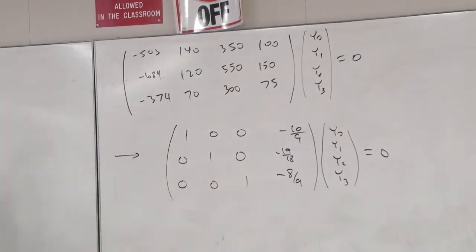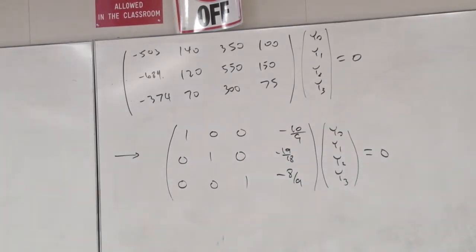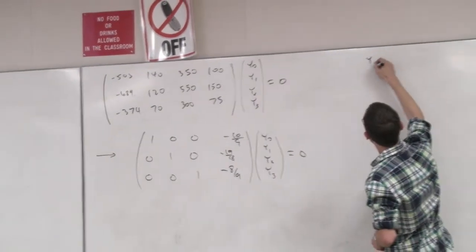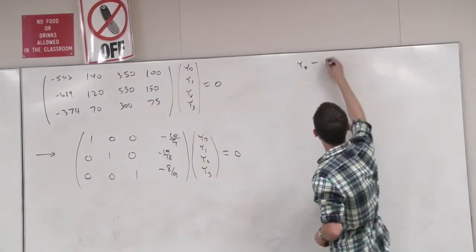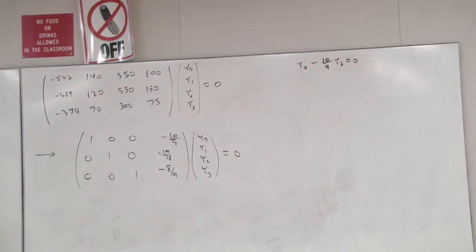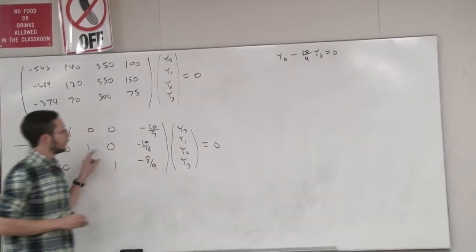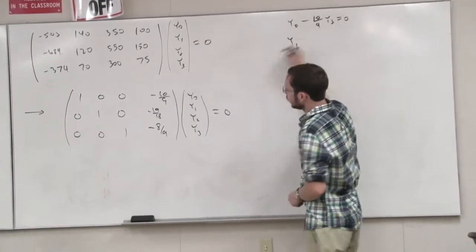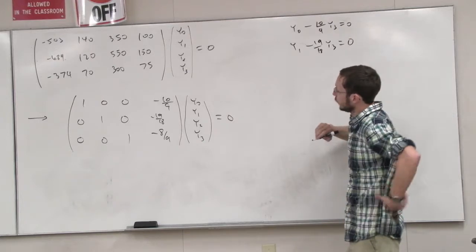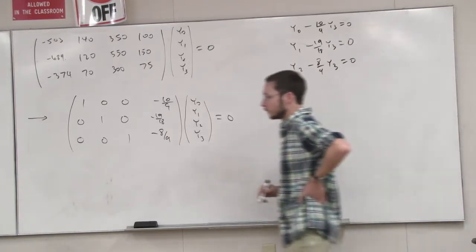Now we can unpack this matrix into a linear system, and we get 1 times y0 minus 10/9 y3 equal to 0, and y1 minus 19/18 y3 equal to 0, and y2 minus 8/9 y3 equal to 0.